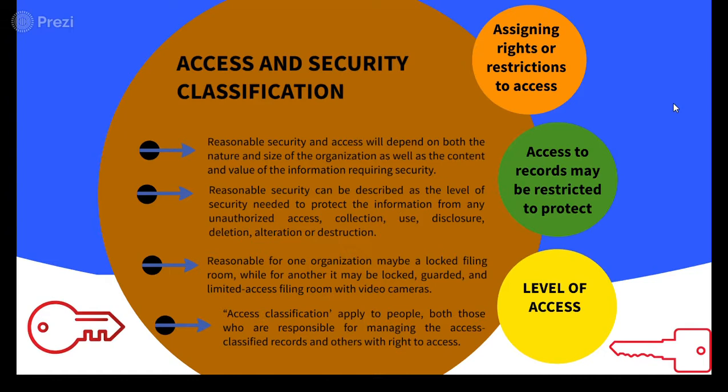Access classification applies to people, both those who are responsible for managing the access classified records and others with the right to access. For this topic, number 4, we have three subtopics. Number 1, assigning rights or restrictions to access.